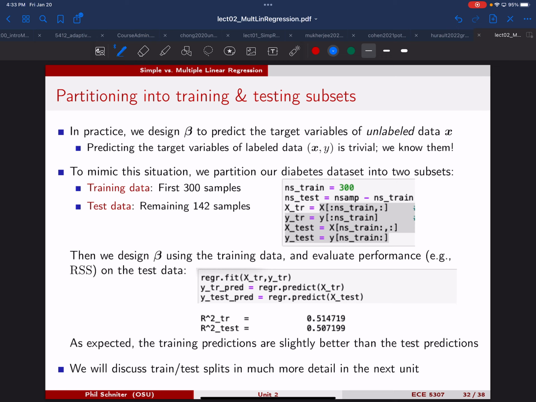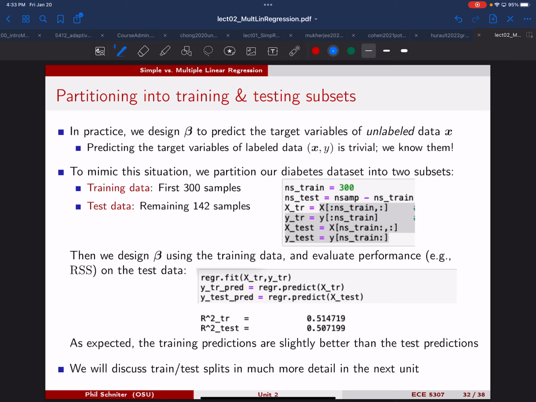So just as the very first step, let's talk about doing this by taking, if someone gives us a data set, that's all we have to work with, like this diabetes data set. We're going to simulate the real world by partitioning this data set into 2 pieces. One we'll call the training data. We'll use that for training.